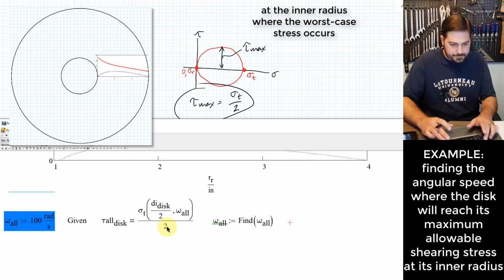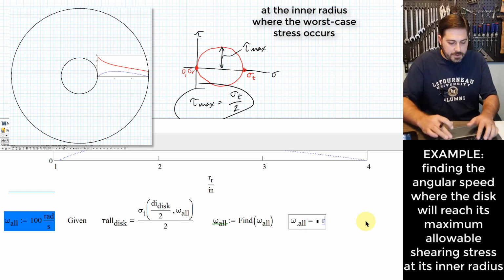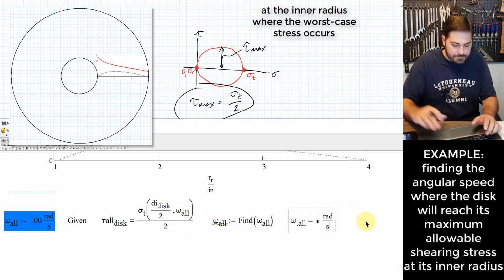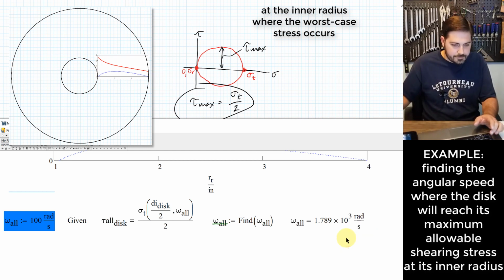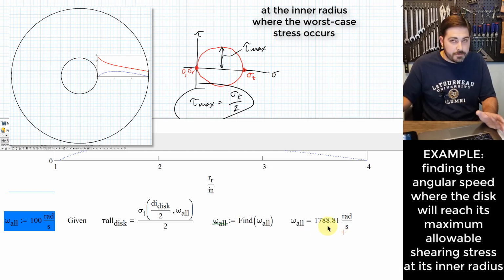Like this. Right? And this is a value that's in radians per second. All right. If I want to change how this looks, I can just increase this exponential threshold and it'll give it to me as just more of a straight number without the scientific notation.